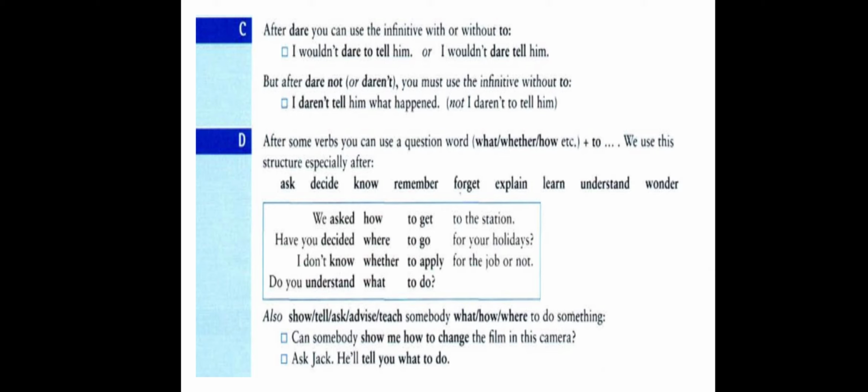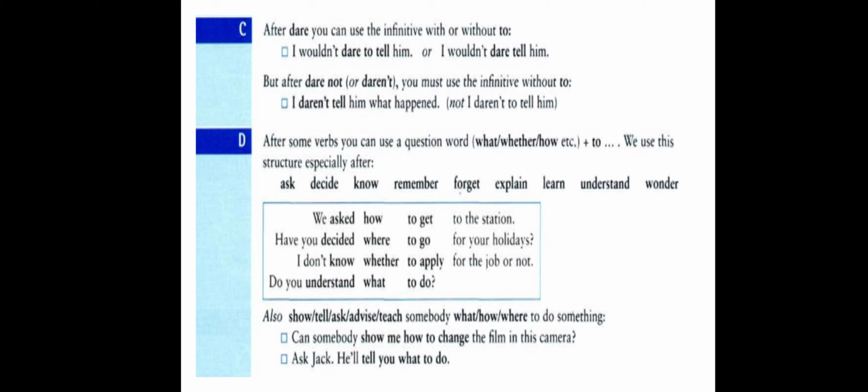So after the verb dare, we can use either infinitive with to, or without to, the base form only. But after dare not or daren't, when it is negative, you must use the infinitive without to.